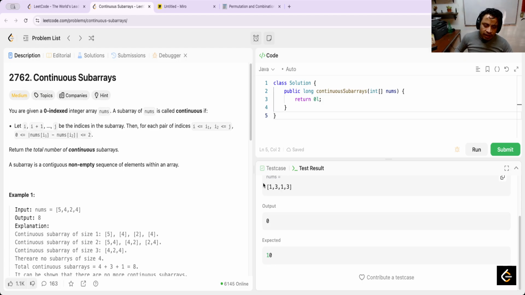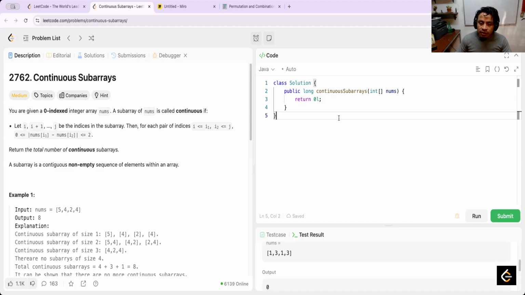I haven't touched sliding window problems in a few times, but I think it's a good time to recover. Okay, first integer L is equal 0.